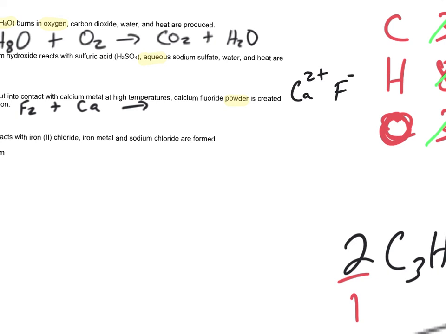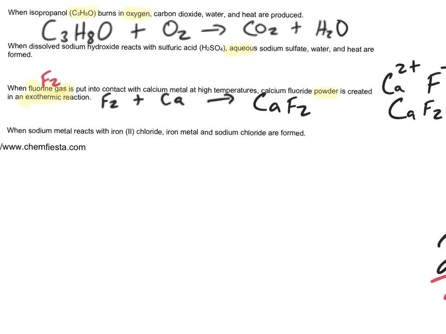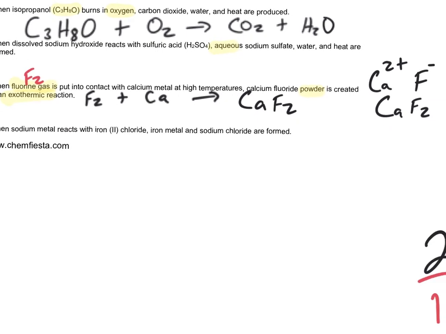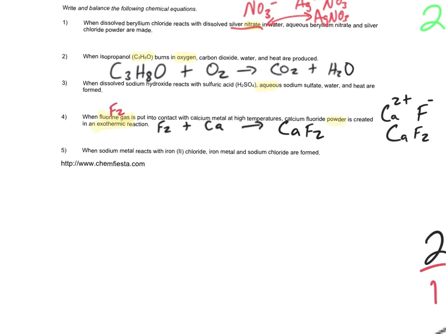If I look at the periodic table, calcium is 2+, fluoride is 1-. So this is my formula right here. You have to have the correct formula or it will not work. And this is balanced. So some of them are like that.